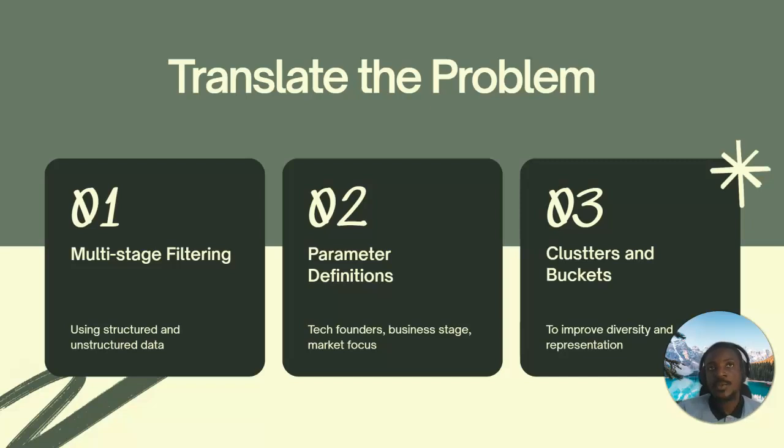The third thing I would like to know is the market focus. It could be fintech, agri-tech, or insurtech. There could be a variety of these, right? Because this will help us when we create our clusters and our buckets, because we use this to improve the diversity and representation. Don't forget, in the next video, which you should also watch, we're going to learn about what we call bias mitigation.